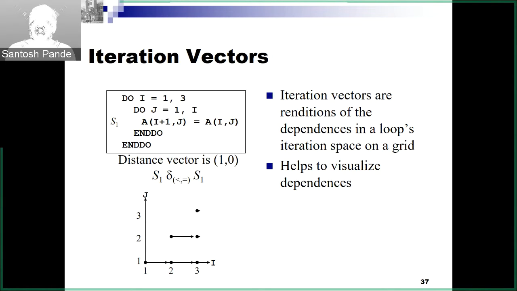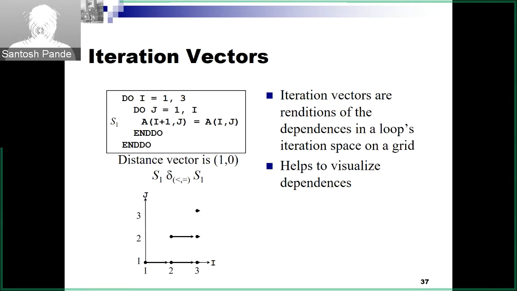And that will lead to the dependence changing from flow to anti. So in short, we cannot disturb the I loop by running it in a different order because it will not enforce the dependence which is carried by that particular loop, and it will lead to a violation.